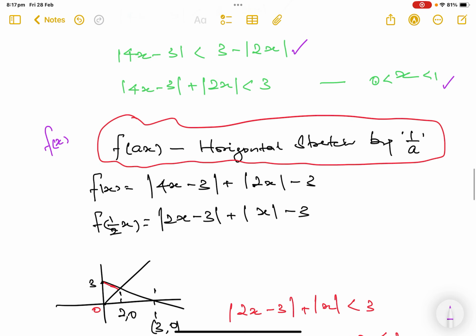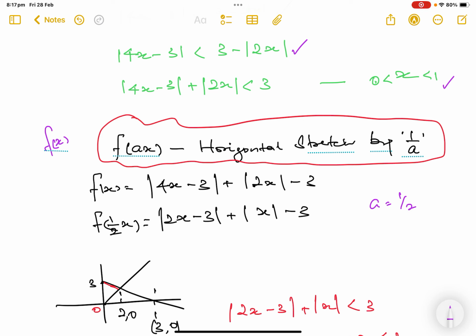What we need is 2x minus 3, in other words half of the 4x, so we need to divide by 2. So a equals half. If that's the case, we see here the half x. So the x part is 2x minus 3, and here the 2 is gone. I purposely took minus 3 as a function, not using the inequality yet.